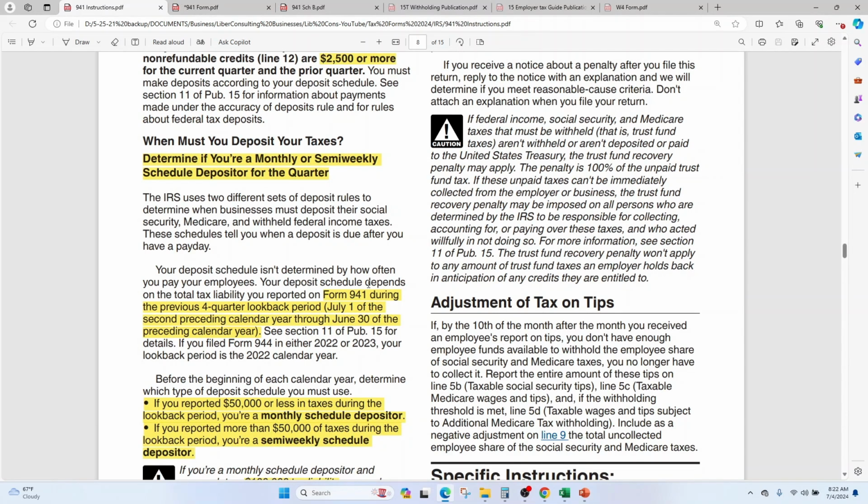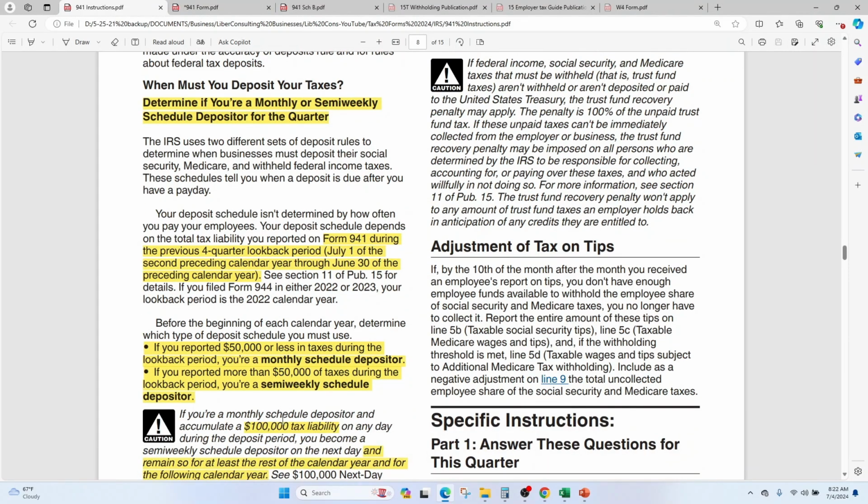You'll use a two-year lookback to determine that: July 1st of the second preceding calendar year through June 30th of last year, to determine if you are a monthly depositor or a semi-weekly depositor. If your line 12 for those four quarters is less than or equal to $50,000, then you are on a monthly deposit schedule. If it's more than $50,000, then you are a semi-weekly depositor.